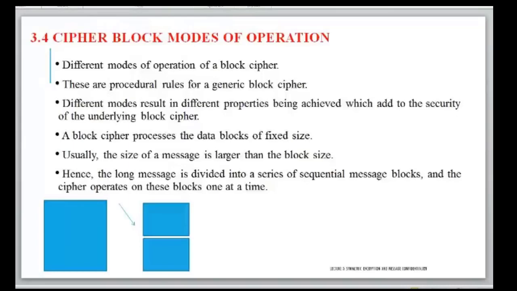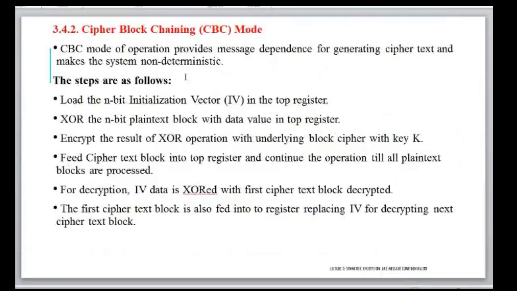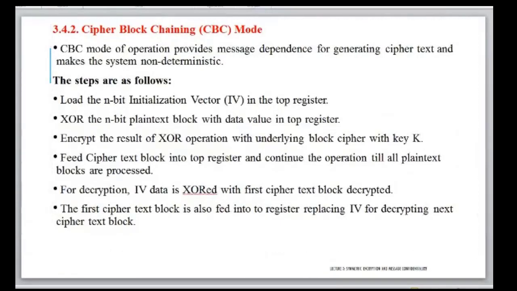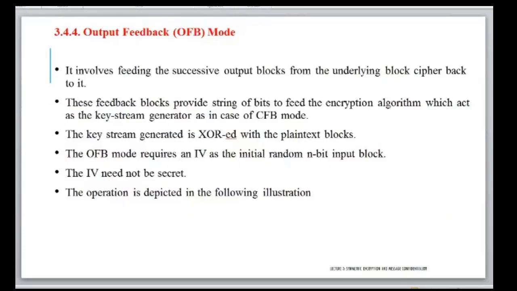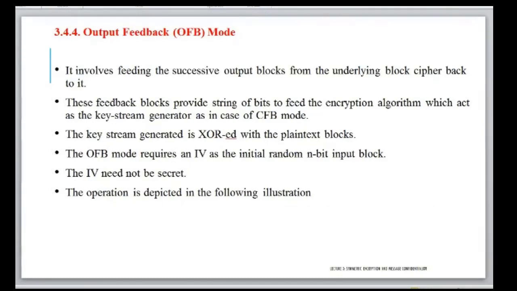I will tell all the methods, then I'll come to them one by one. The first method is the ECB method, electronic code book method. The second method is the cipher block chaining method. The third method is the output feedback mode, or OFB method.